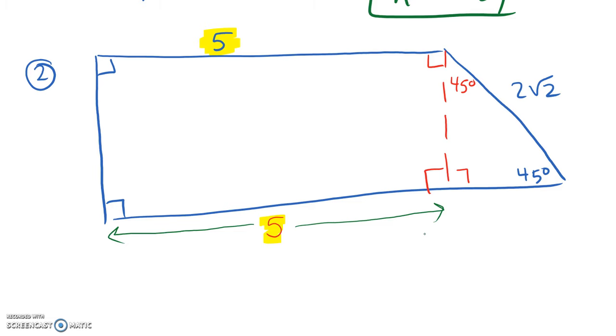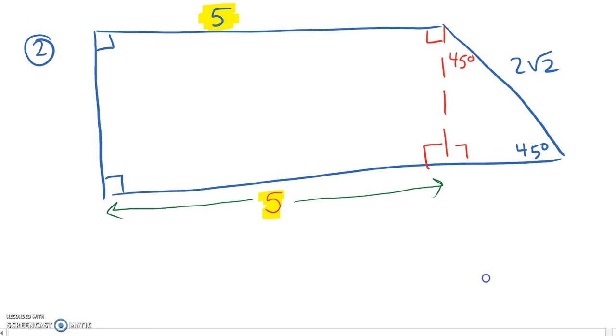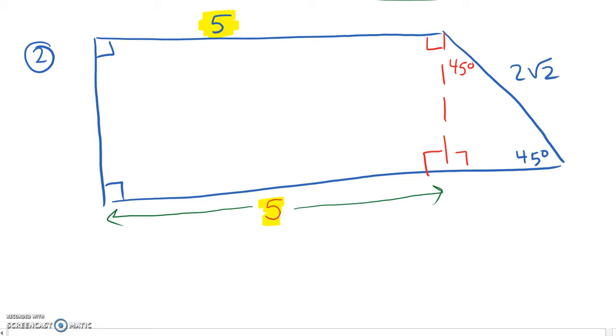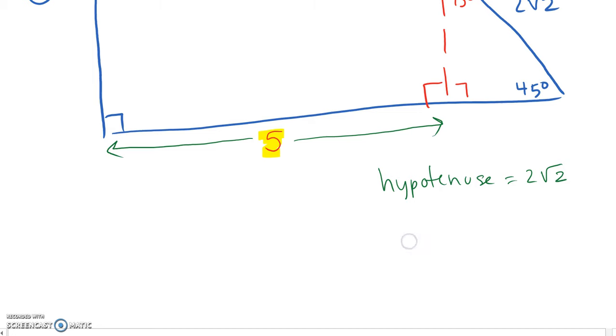So now I'm going to look at the triangle itself. It's 45, 45, 90. I know the hypotenuse. I need to know the legs. If I solve it, I need to find those other lengths. So the hypotenuse is 2 root 2. If I am going from the hypotenuse to the leg in a 45, 45, 90, I need to divide by root 2.